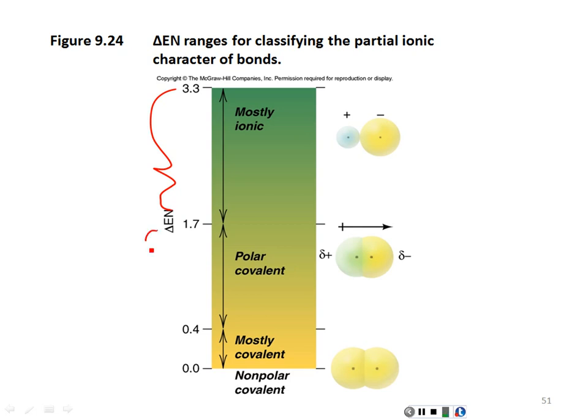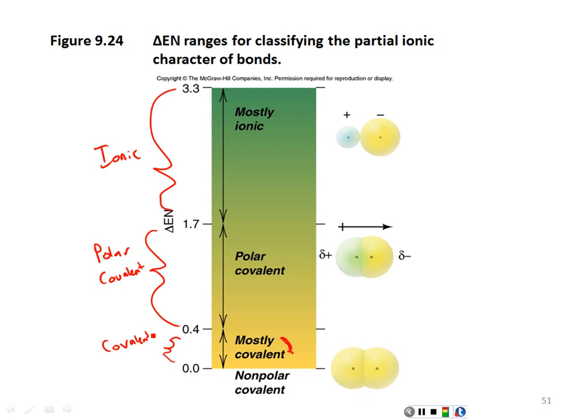From 1.7 to 0.4, we're going to consider those polar covalent. 0.4 to 0 would be mostly covalent. I would be fine if you use the term just covalent. And then the only true non-polar covalent bond would be when the delta En is 0. Most commonly that's going to occur when you have two of the same atom bonding together.